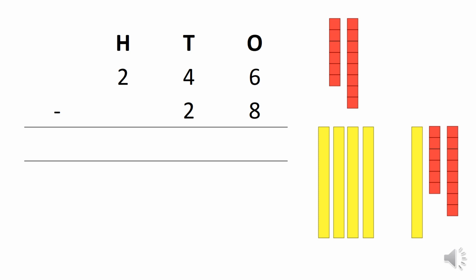So I need to move across to the tens column, where I have 4 tens. What I'm going to do is exchange a 10 over here. So I'm going to move one of the 10 from this column over to here. So now I have 16 ones. Take away 8, which is 8.